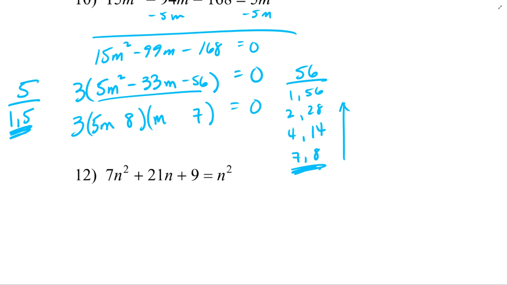To verify whether that's the pair that I want, I'm going to think about the outside product, which is 35m, and the inside product, which is 8m. Can 35 and 8 combine to make negative 33? I can't think of a way to make that happen, so I don't think that was a good choice.